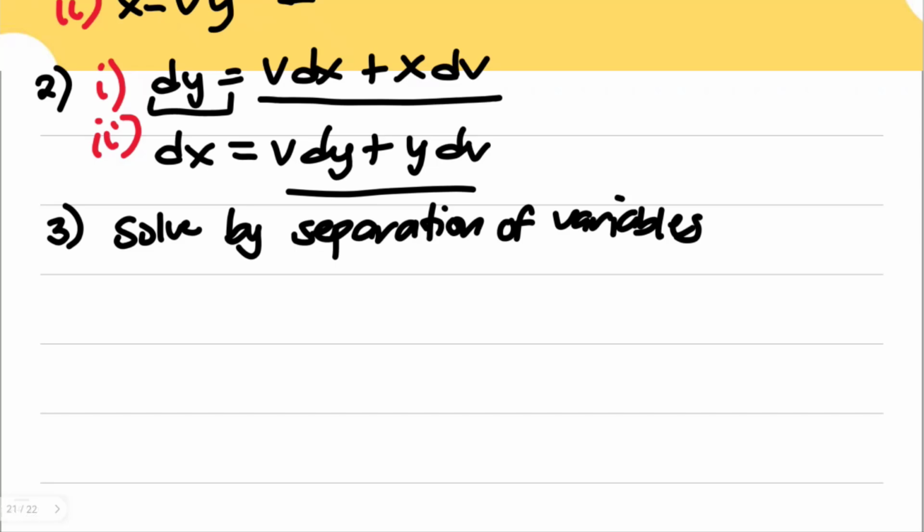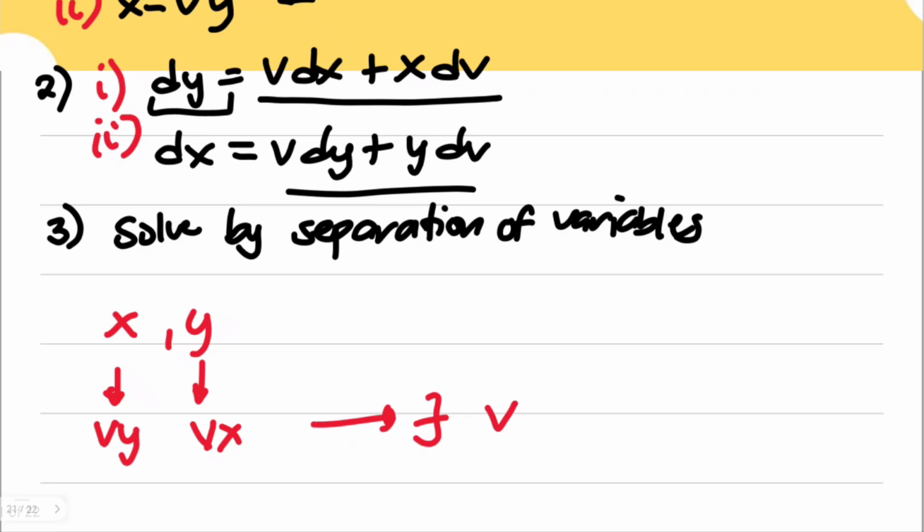Now, there is also another thing to talk about here, because take note, the original variables are x and y. If you use substitution, you may have vy or vx, right? That would mean there exists v now in our final form.